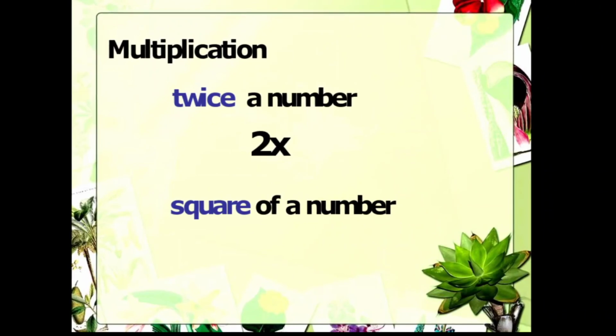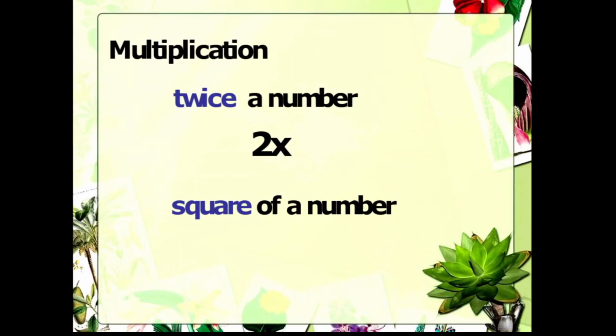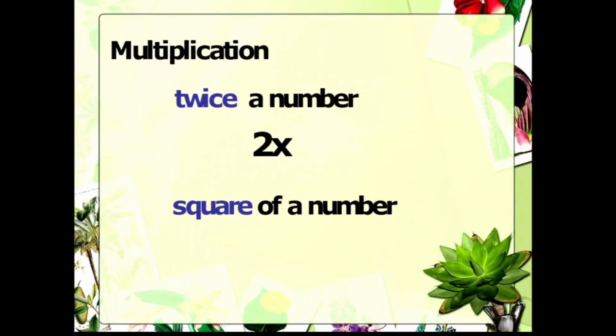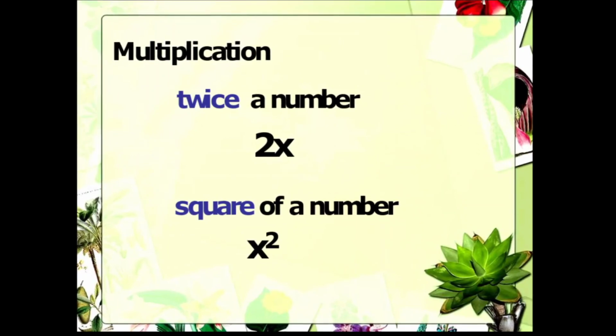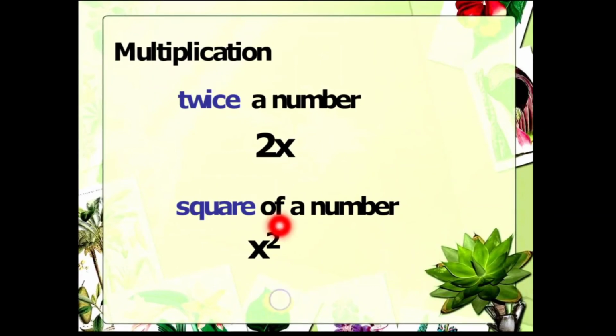So what is the number that is missing? We will use a letter. In this case, we will use x, for instance. So x, then put 2 as the exponent. So in this case, our answer is x squared. As you can see, we have to square the number: x squared.